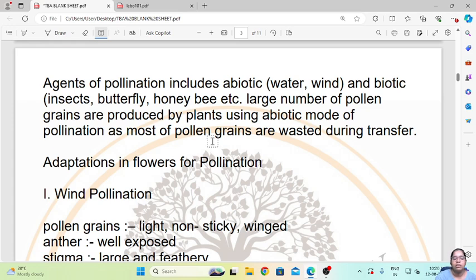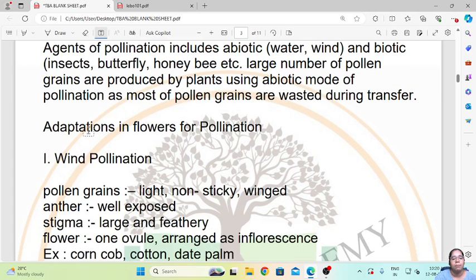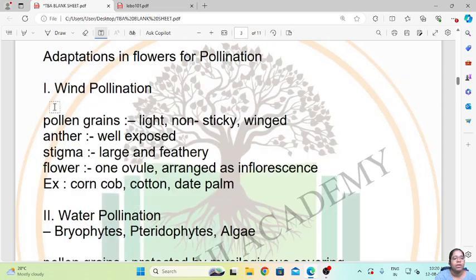So how are the flowers adapted to a certain kind of pollination? First is wind pollination. The pollen grains will be light, non-sticky and winged because it is pollinated by wind. The anthers are exposed, large and feathery, so that the pollen grains are exposed and can be carried away by the wind.